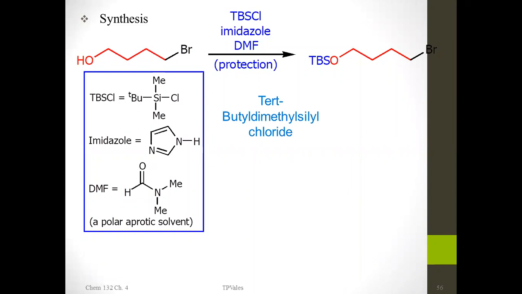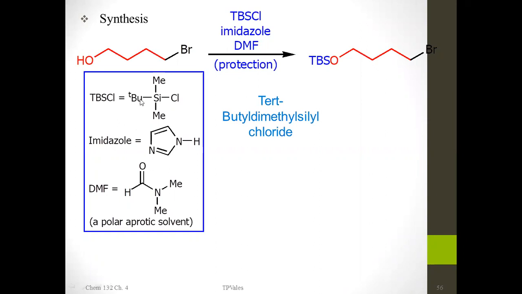So what are our usual protecting groups? Our usual protecting group is TBSCl, tert-butyl silicon chloride. And you also have your imidazole. You can also have your DMF.